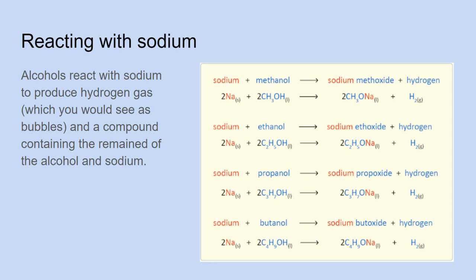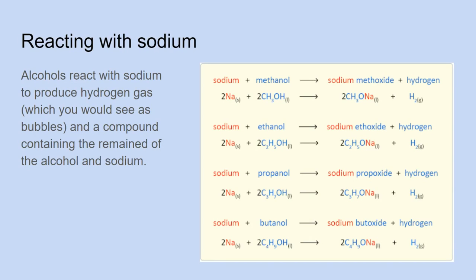But it is worth remembering how it happens. So we have sodium methoxide, sodium ethoxide, sodium propoxide, and sodium butoxide produced in each of those 4 reactions.